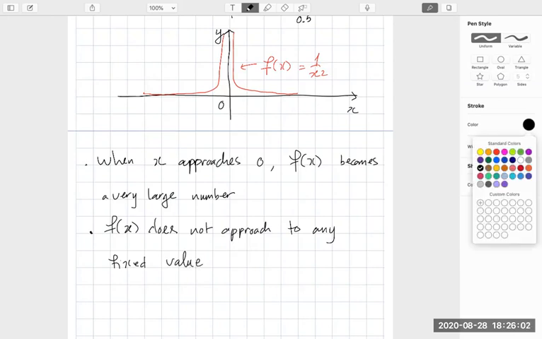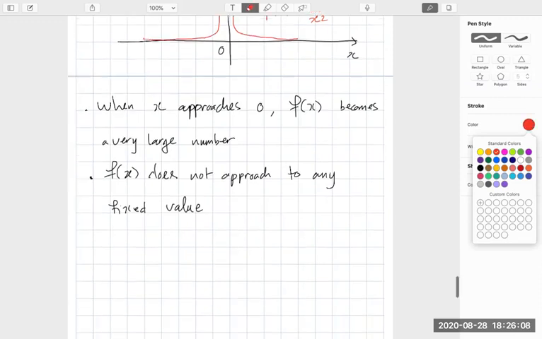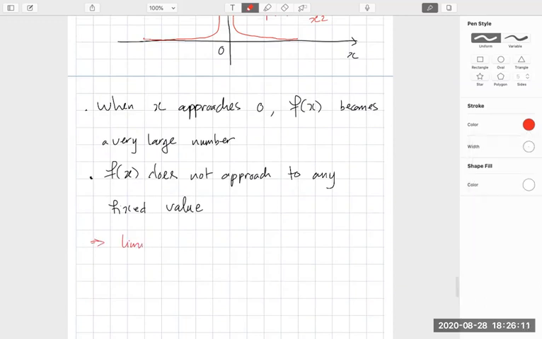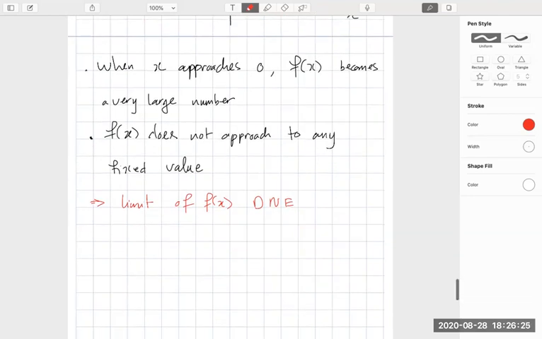So in this case, we say that the limit of f of x does not exist near x equal to 0, and we denote it as the limit of 1 over x squared when x approaches 0 is infinity.